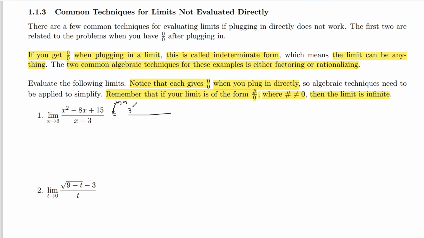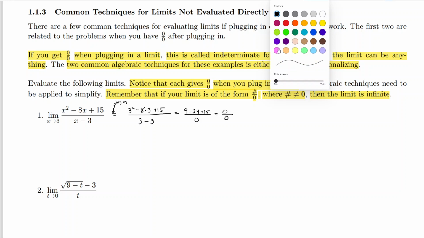We get 3 squared minus 8 times 3 plus 15 over 3 minus 3. You can see the denominator is 0 pretty quickly, but whether the numerator is 0 determines how we would proceed. 3 squared is 9, minus 8 times 3 is 24, plus 15, and 9 minus 24 plus 15 is 0. So you get 0 over 0, which is indeterminate form.